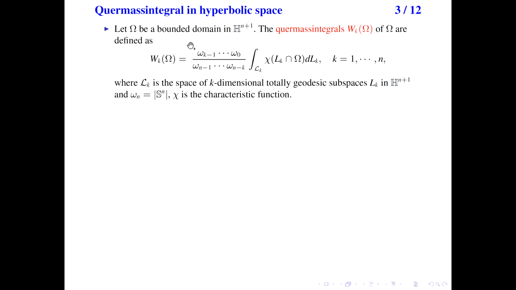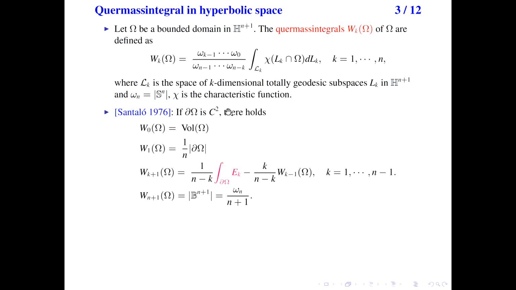This definition may not be good for calculation, but for smooth domains, that is, if the domain has a smooth boundary, we can relate the Quermassintegrals Wk with the curvature integral. Firstly, we have W0 is just the volume, and W1 is the boundary area.